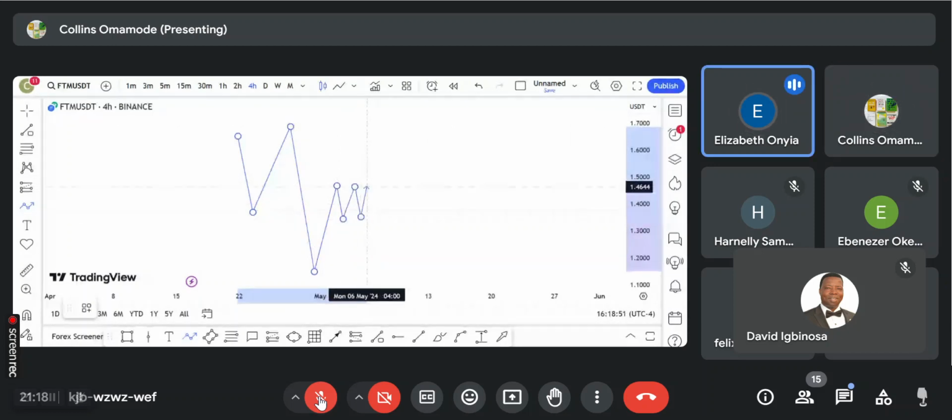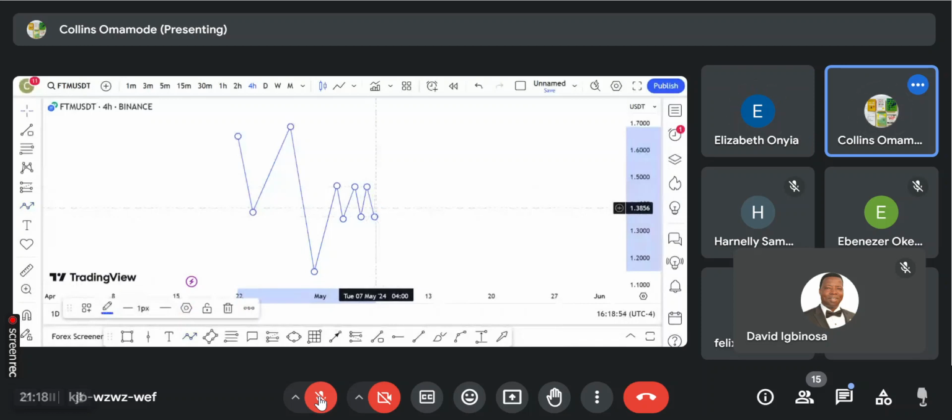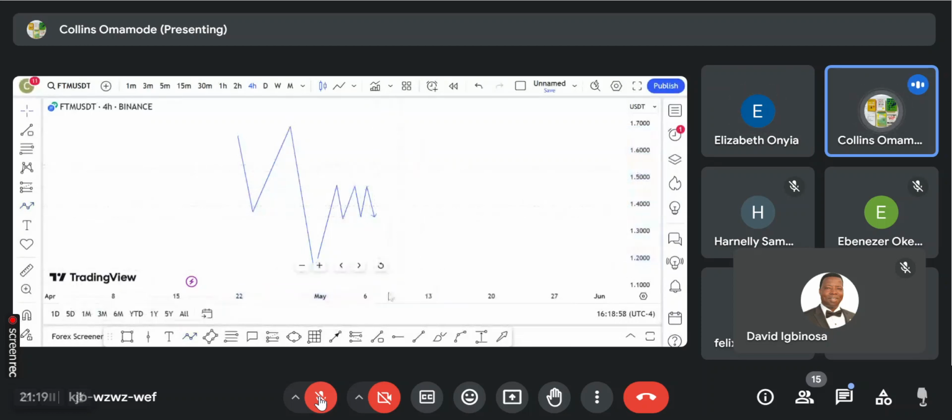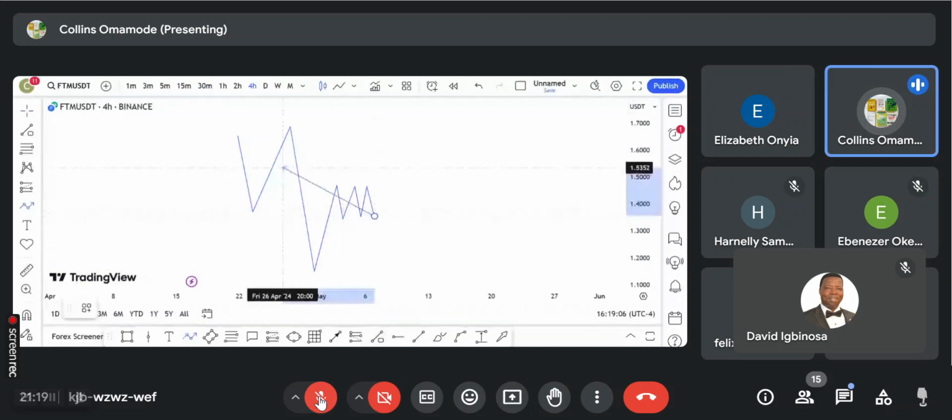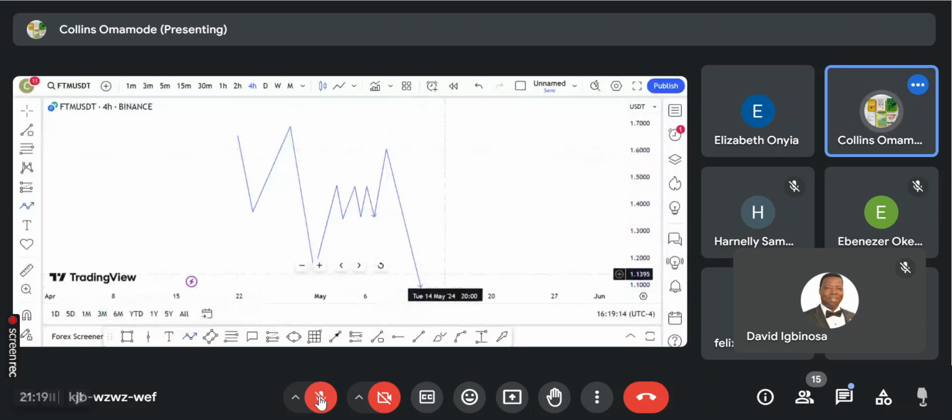We expect that price has built up liquidity, but because of the structure, the normal structure is bearish. You expect price to push up.